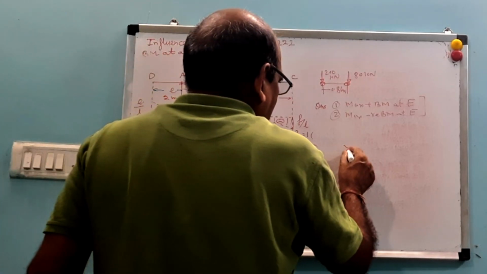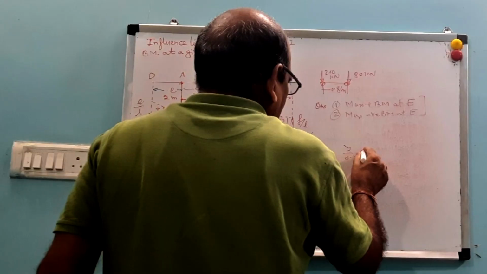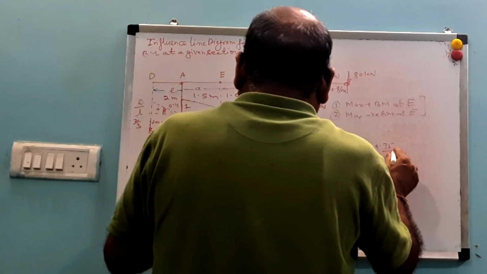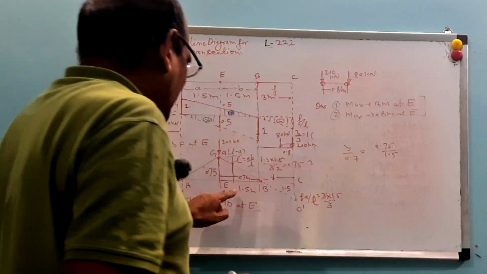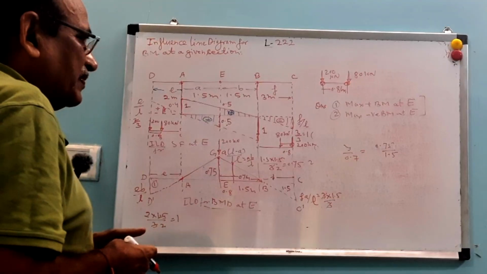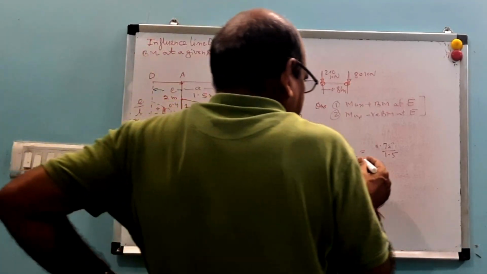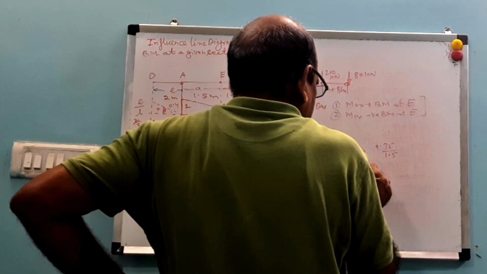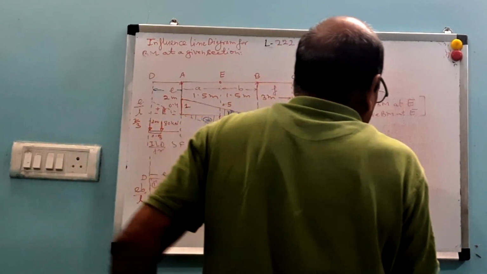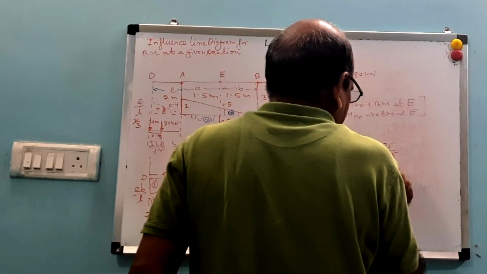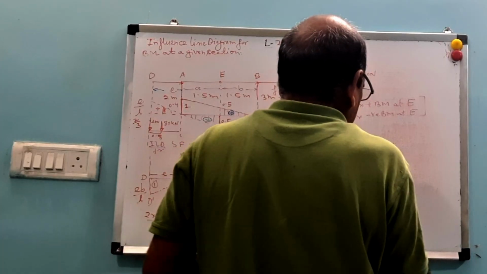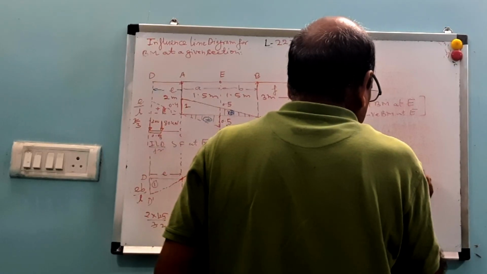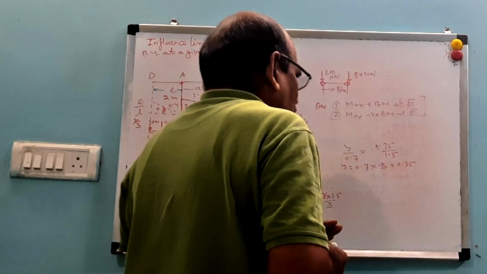So y by 0.7 equals 0.75 upon 1.5. This is your 1.5, 0.8 and 0.7. So y equals 0.7 multiplied by 0.5, which is 0.35.